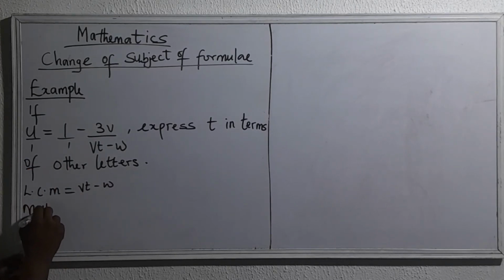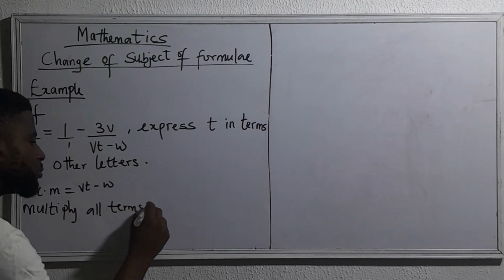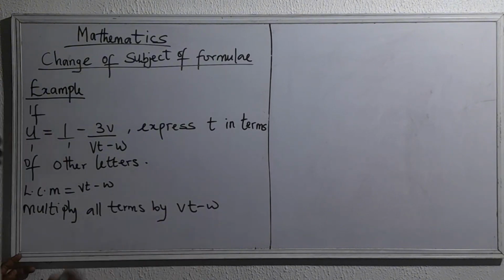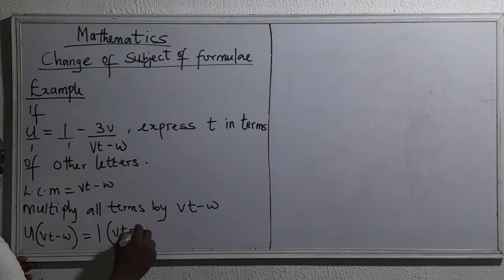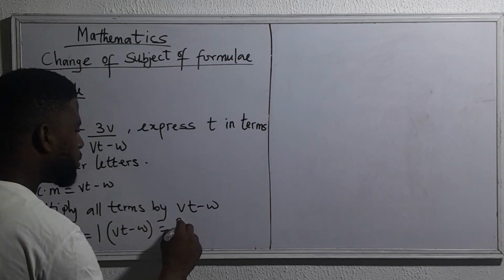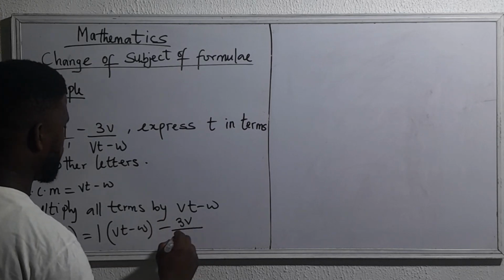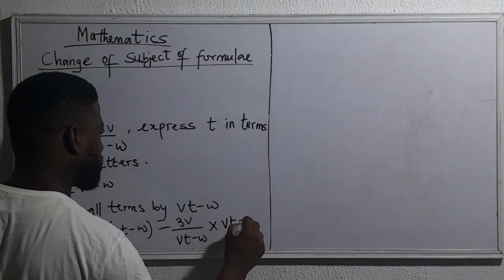So what do we do? We multiply all terms by what? Vt minus w. So we have u multiplying vt minus w equal 1 multiplying vt minus w equal 3v, minus 3v over vt minus w multiplying vt minus w.